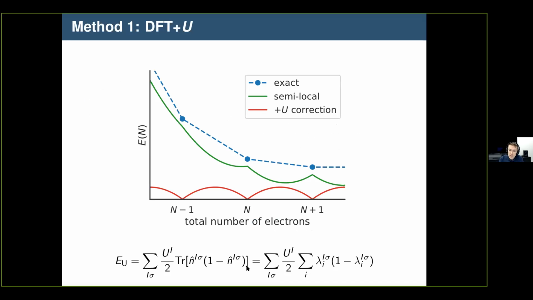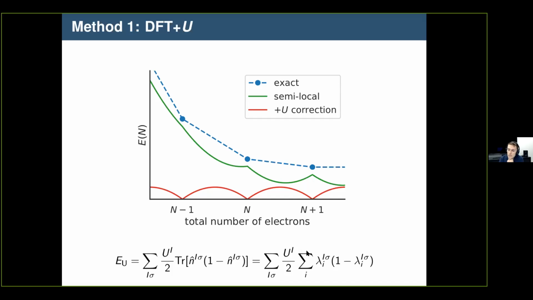However, that's not entirely true, and it's a bit misleading of me to plot this red curve on this diagram, because actually this is not the total number of electrons in the system. Actually, what this is doing is correcting curvature that is present locally in that subspace with respect to the occupancy of those local orbitals rather than the total number of electrons.